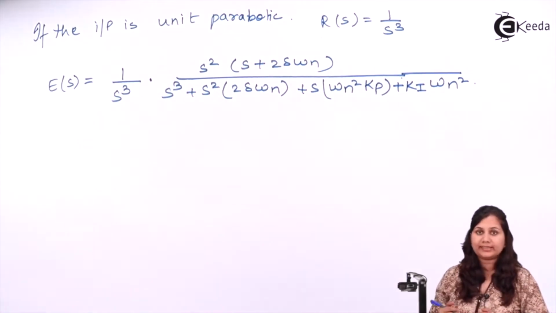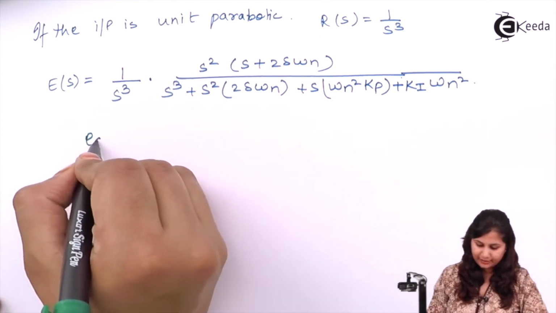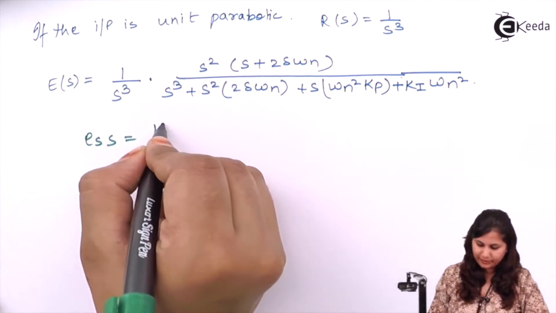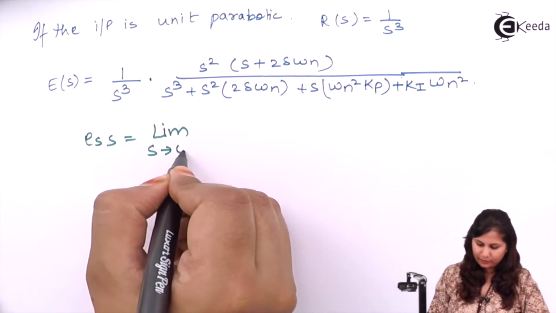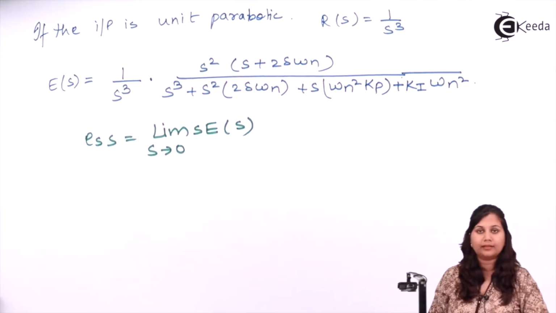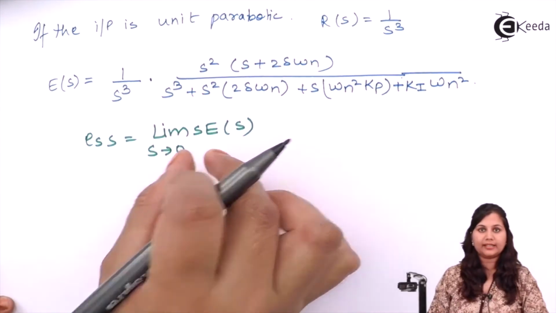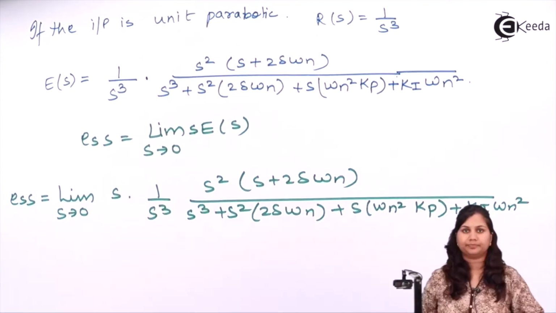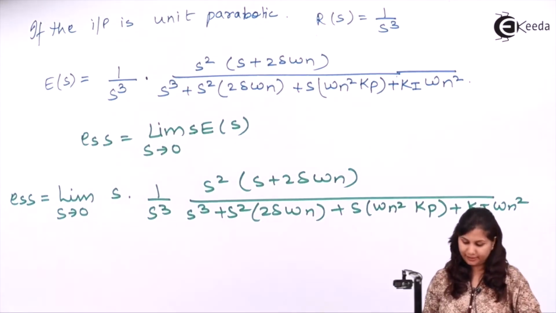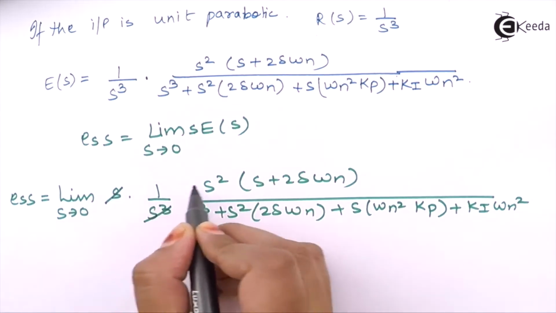Now let's calculate the steady state error for this. So steady state error is ess equals limit s tends to 0 of s E(s). Substitute the value of E(s) here and apply the limits. We have s cube is s square, so this will be cancelled out.